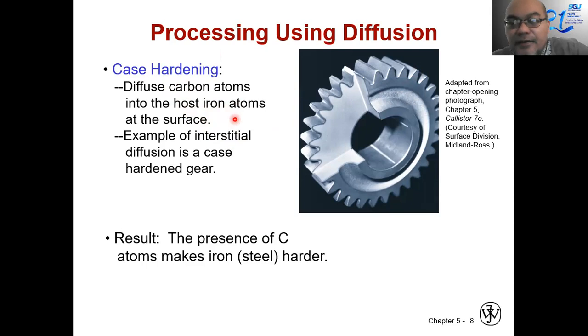Basically, it is an alloy of iron with carbon impurity and sometimes with other metal atoms like chromium. This is an example of interstitial diffusion in the case of a hardened gear, an iron that is being hardened by the diffusion of carbon atoms. The presence of carbon atoms makes the iron, the steel, harder.